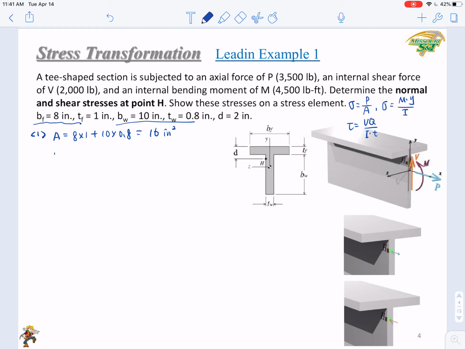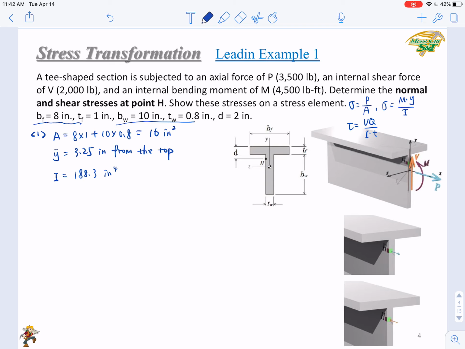And for the y bar and I, I will skip the steps and directly give you the results. The y bar is 3.25 inches from the top. And I can be calculated as 188.3 inches to the 4th.